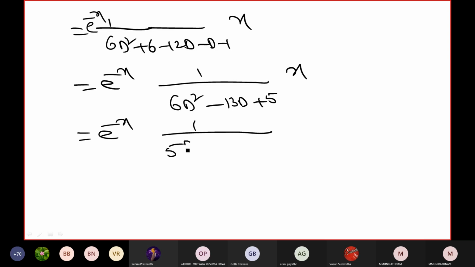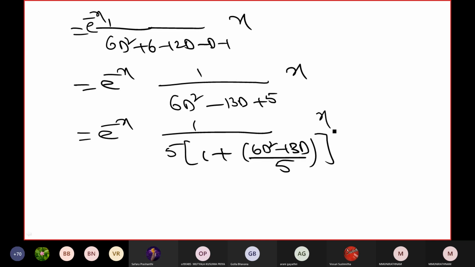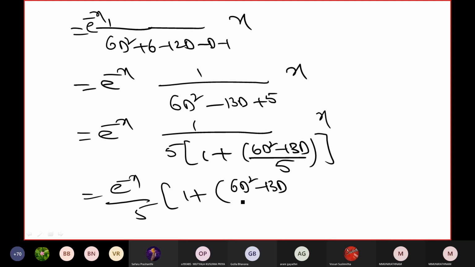So I take 5 as common. Whole inverse I'll write.